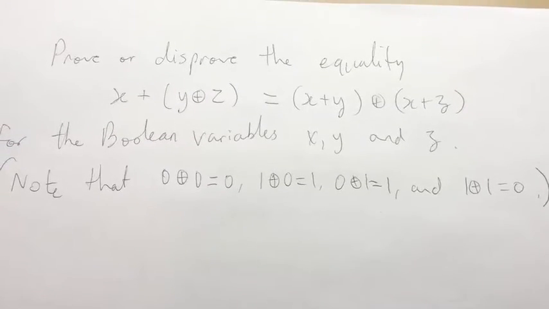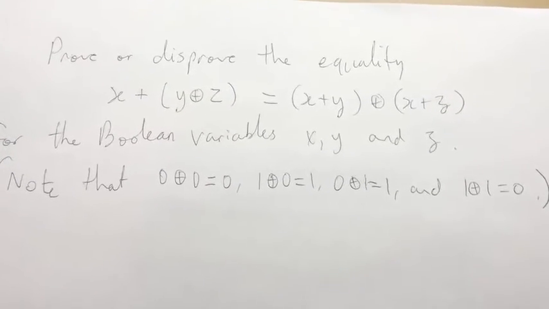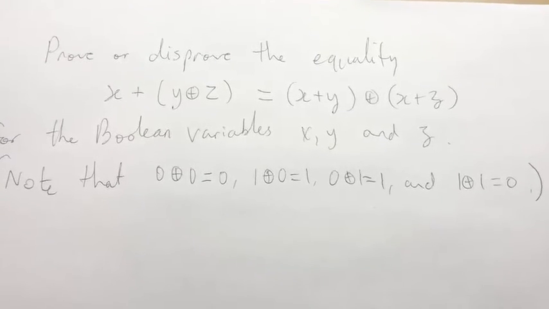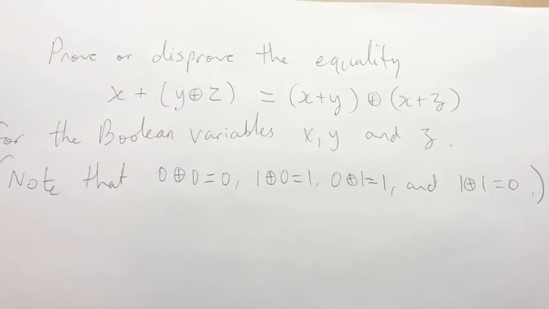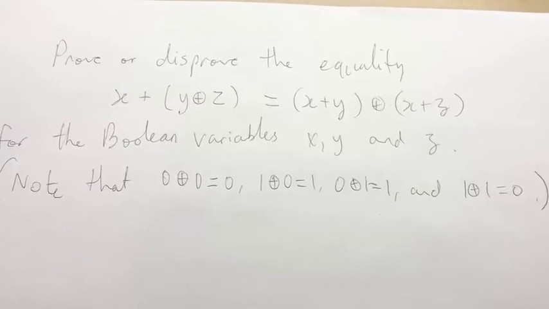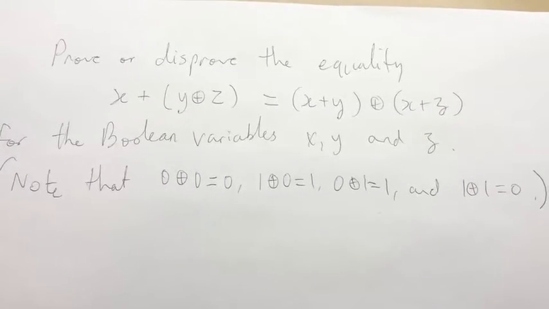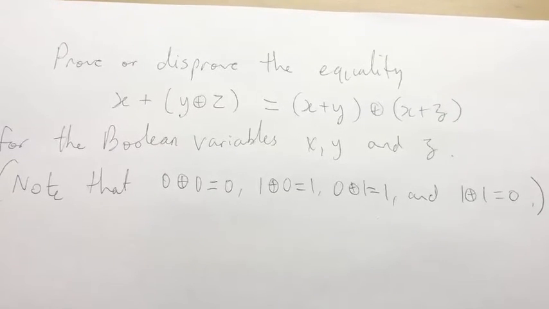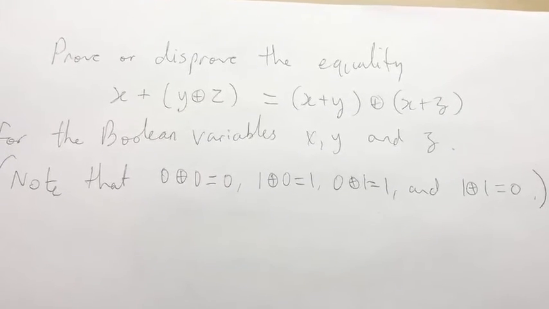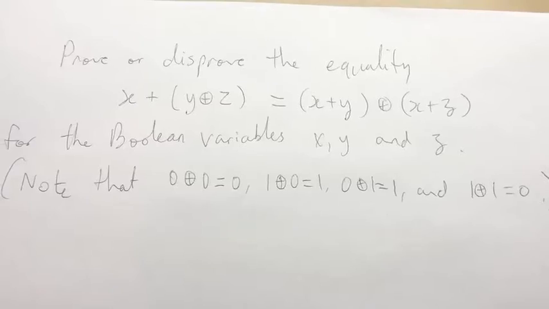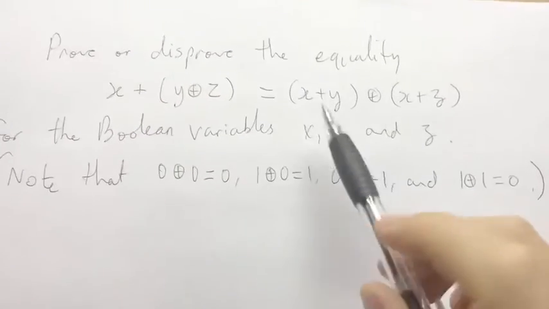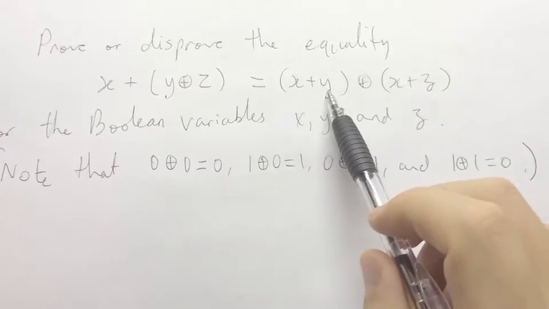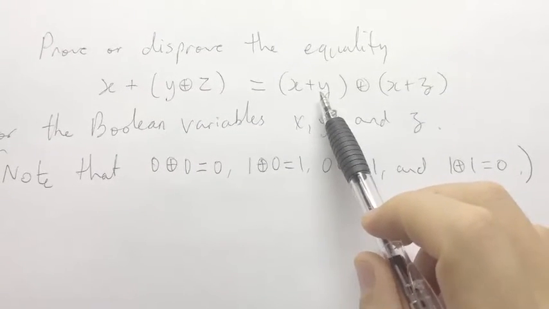And then you even start to wonder what the ordinary plus sign means for Boolean variables. First you think, well, if it's just a plus sign without an explanation, let's pretend it's ordinary arithmetic with whole numbers. But what happens when you do x plus y? If x is 1 and y is 1, then you should get 2.